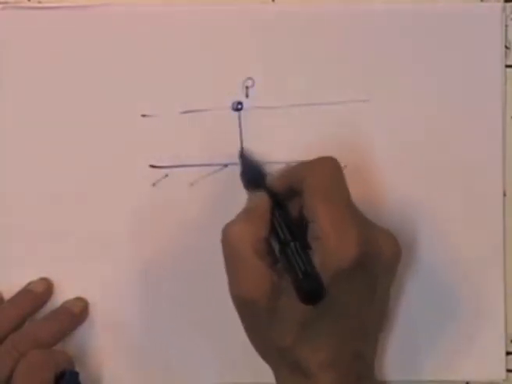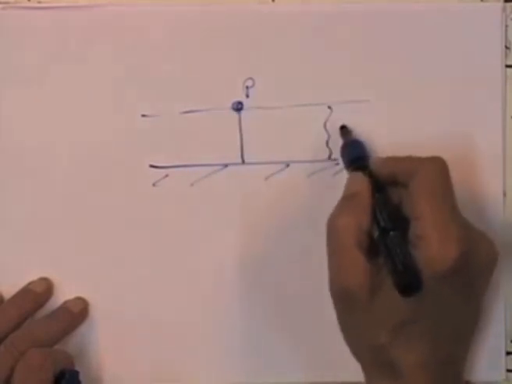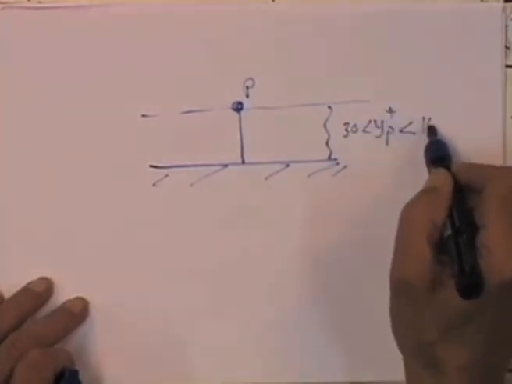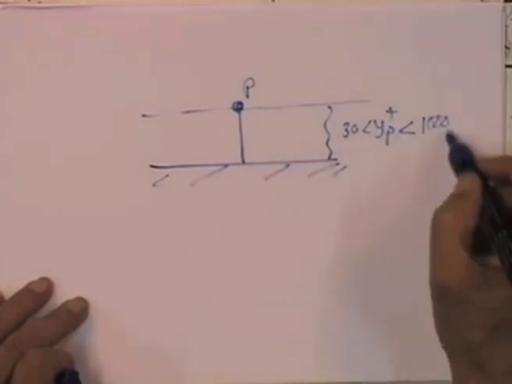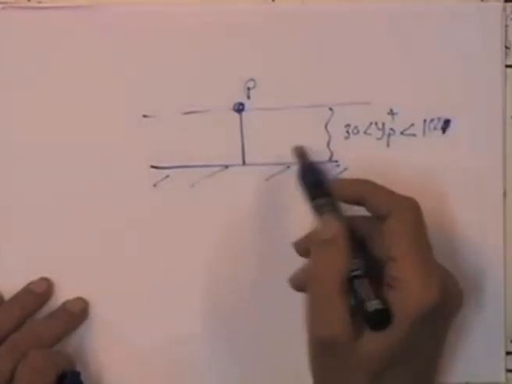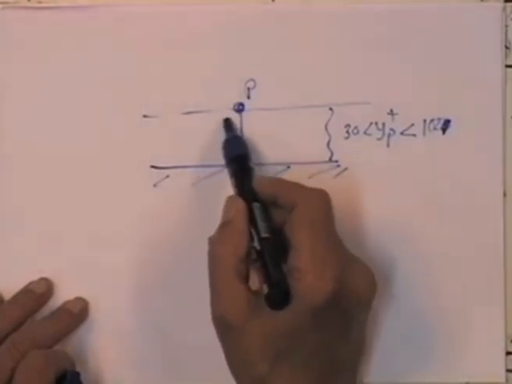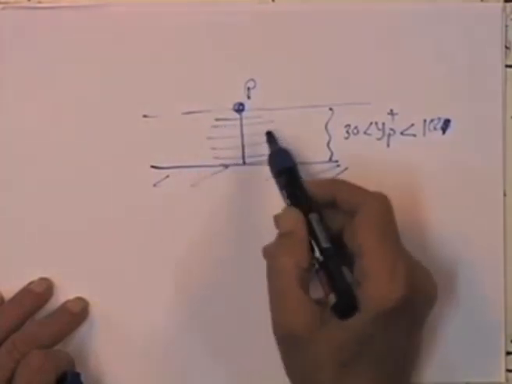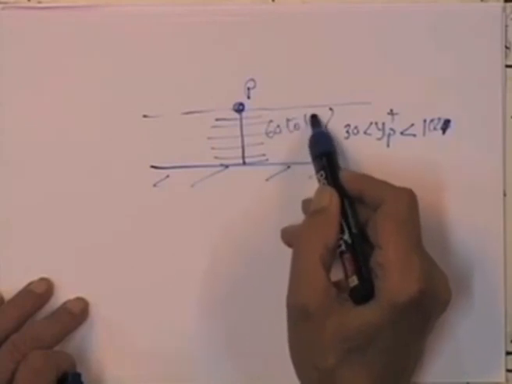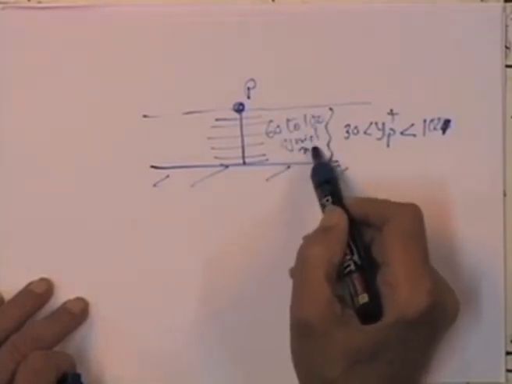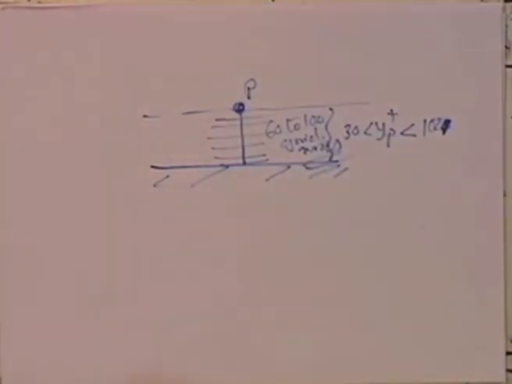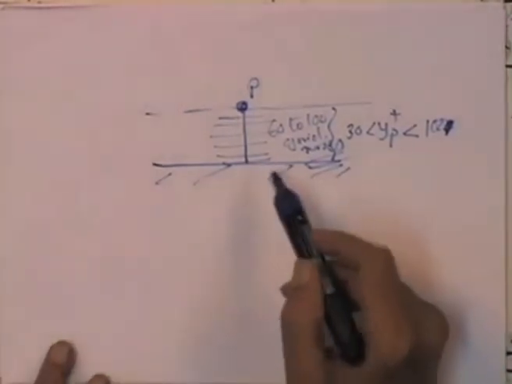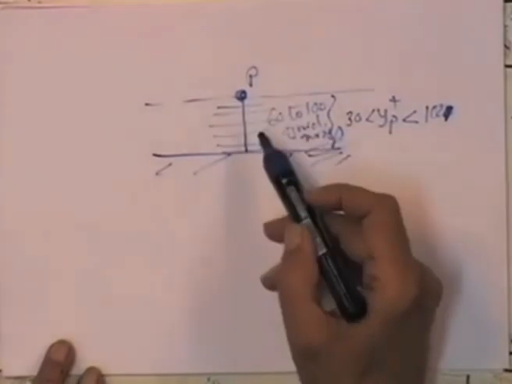So, only one node to take care of the entire region up to Y plus of 30, but sorry, 100, and now you will require to capture very sharp variations of velocity and other things, as many as 60 to 100 grid nodes. And if it was a simple two-dimensional boundary layer, then with today's desktop computer it is not too much of an effort.